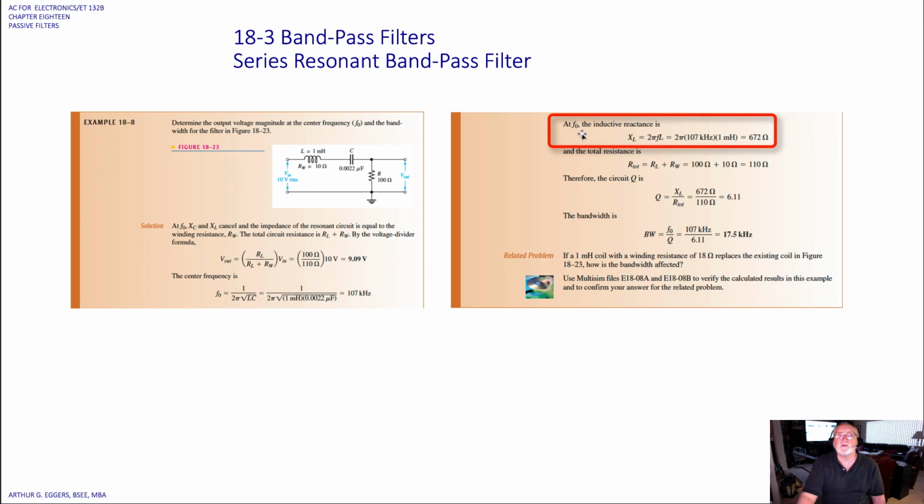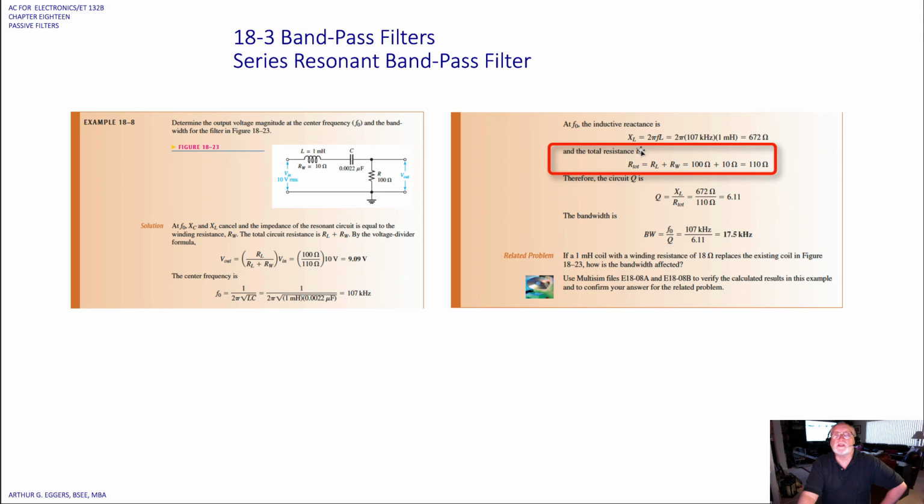So at that center frequency F naught, we rely on our inductive reactance relationship, 2 pi FL. So 2 pi times 107 kHz times 1 millihenry gives us a reactive value of 672 ohms. The total resistance is R total, which is R sub L, the load resistor, and RW, the winding resistance in the inductor, for 110 ohms.